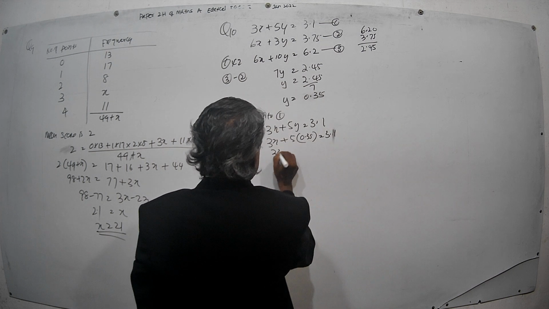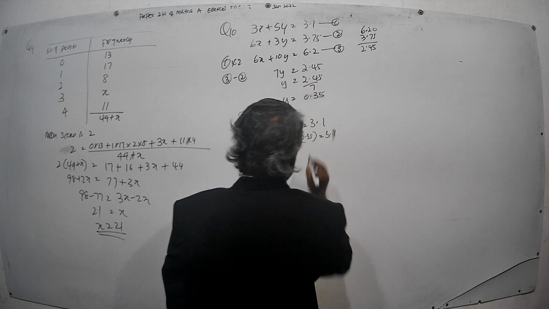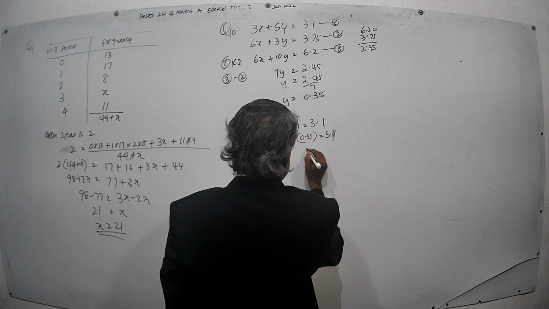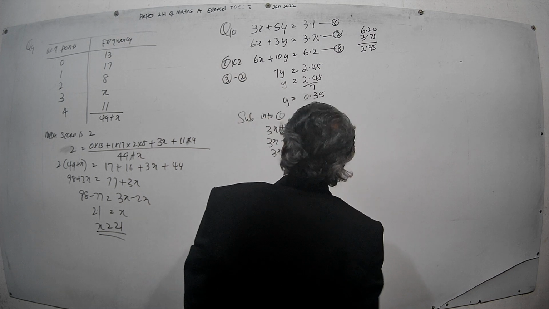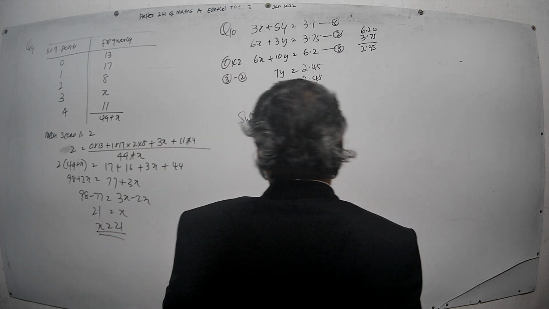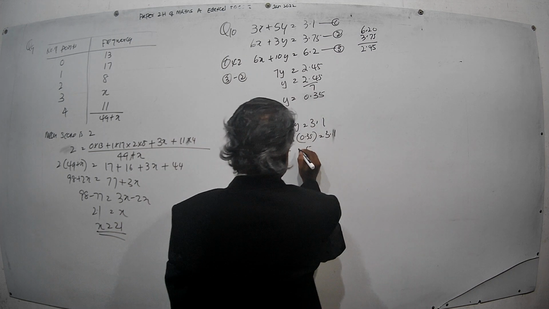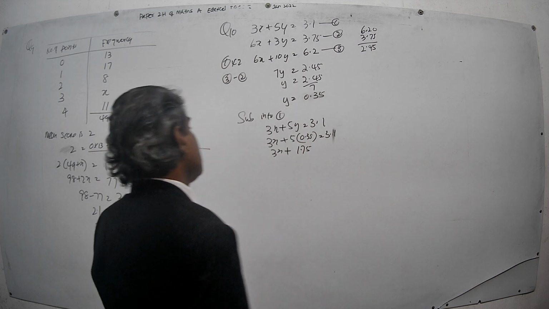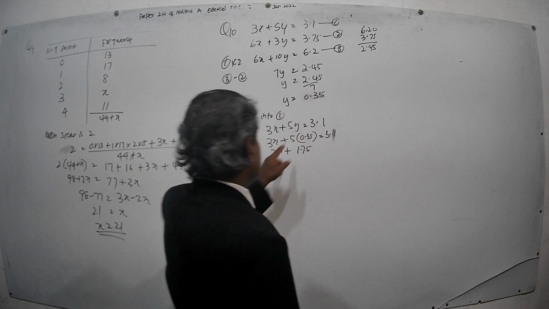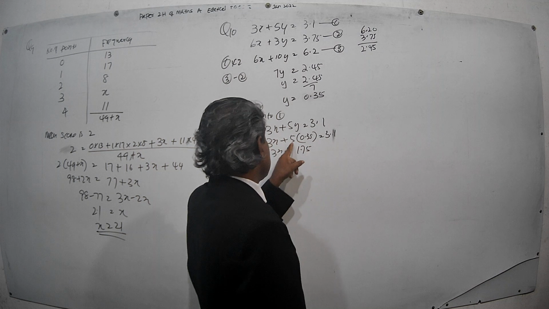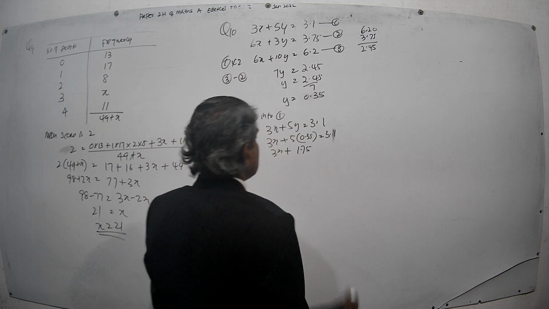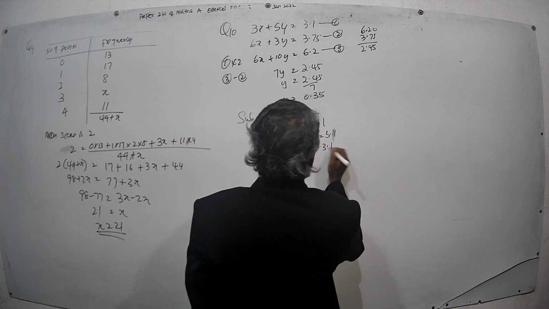Then you multiply these two: 5 times 5 is 25, 2 is left, 5 times 3 is 15 plus 2 is 17. With 2 decimal places, 1.75. Correct. Then equals 3.1.